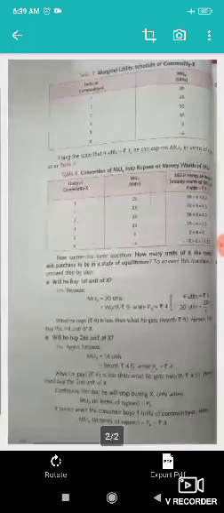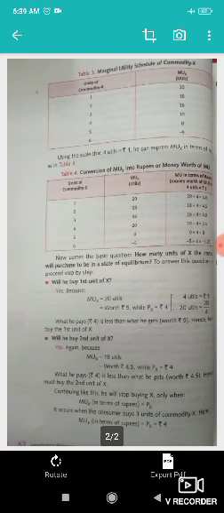The units of commodity X are 1, 2, 3, 4, 5, 6 and MUX is 20, 18, 16, 10, 0 and minus 5. Using the scale that 4 utils equals rupees 1, he can express MUX in terms of money.